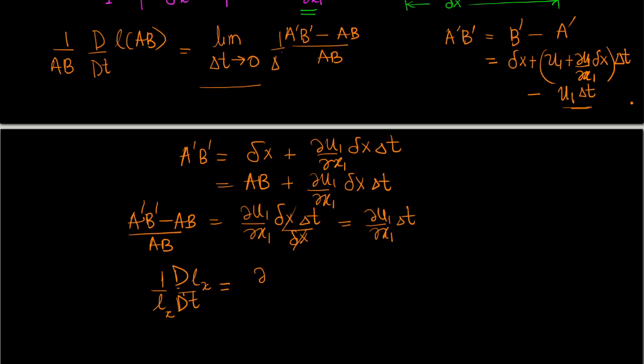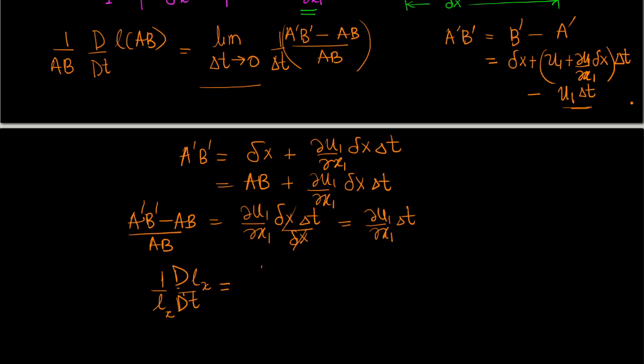So it will be 1 upon delta t, because it is d dt. So finally it will be written as the limit of 1 over delta t times del u1 del x1 delta t, as delta t goes to 0. But delta t cancels out and we finally get del u1 del x1.